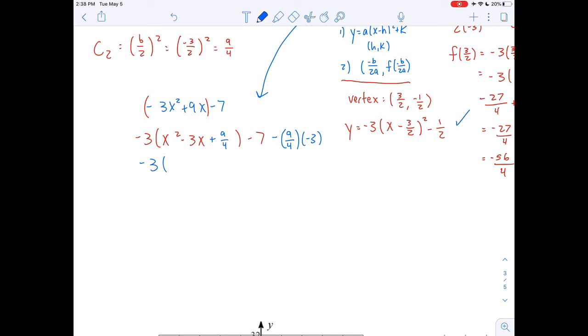Now, this middle parentheses trinomial factors down into a perfect square.